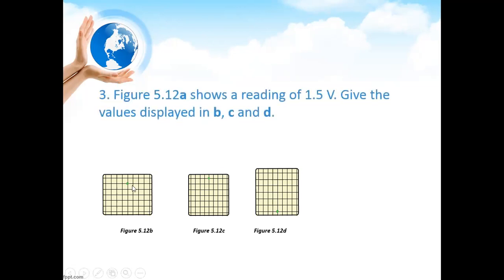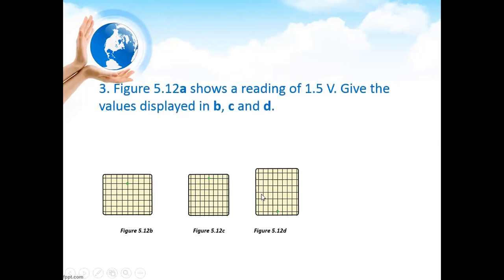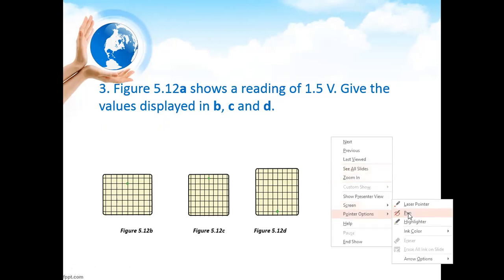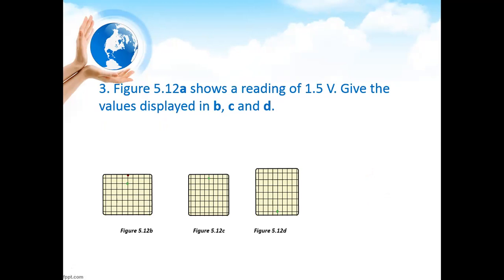So number 3, there were 3 shapes like this. Figure 5.12a shows a reading of 1.5 volt; give the values displayed in A, B, C and D. Normally, let me take a pointer over here.